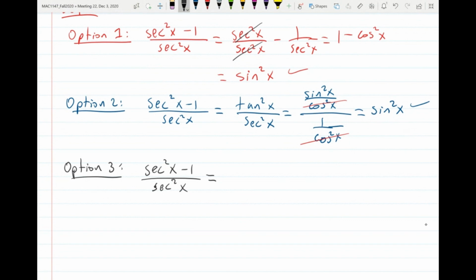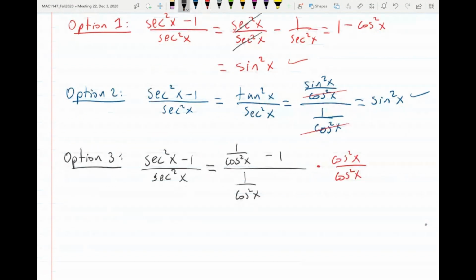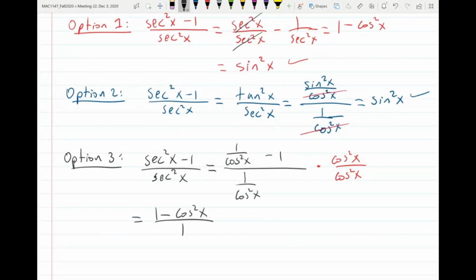I'm just going to write everything in terms of cosine this time. So secant squared is the same thing as 1 over cosine squared, and here 1 over cosine squared. And for example, we can just clear this little fraction. So I'm going to multiply top and bottom by cosine squared of x. So this then becomes 1 minus cosine squared on top over 1 in the bottom.